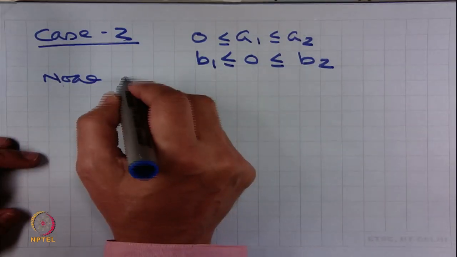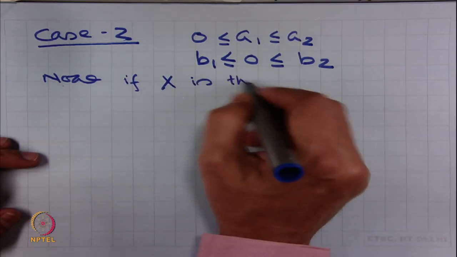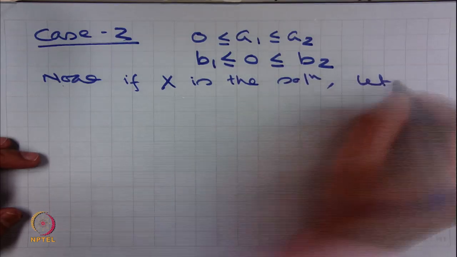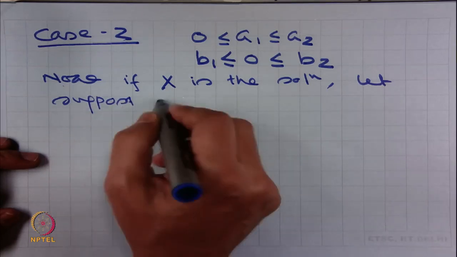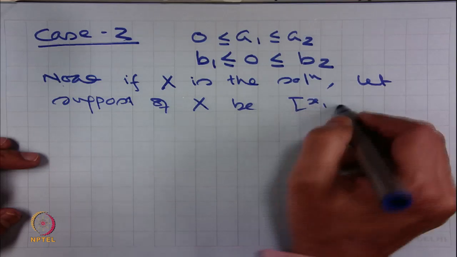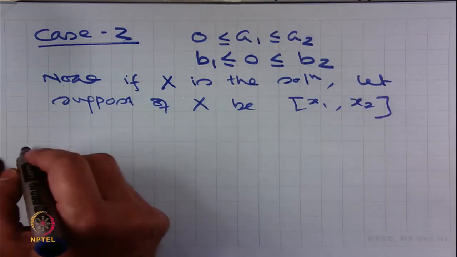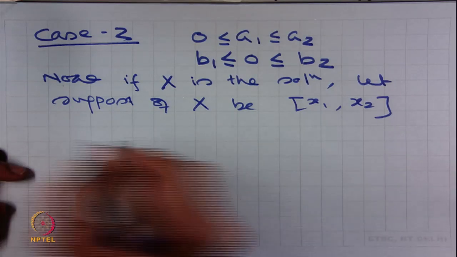Now, if x is the solution, let support of x be x1, x2. Therefore, we can have three situations.